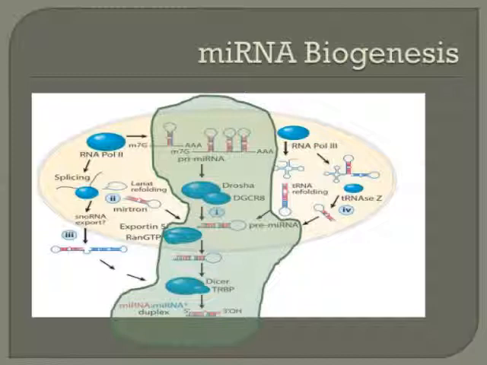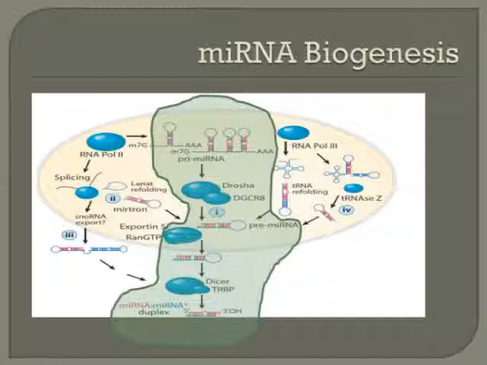The primary microRNAs are then processed by the endonuclease called Drosha, which is in the nucleus. After processing, the primary microRNAs become pre-microRNA, which is a 60 to 80 nucleotide long stem loop structure.